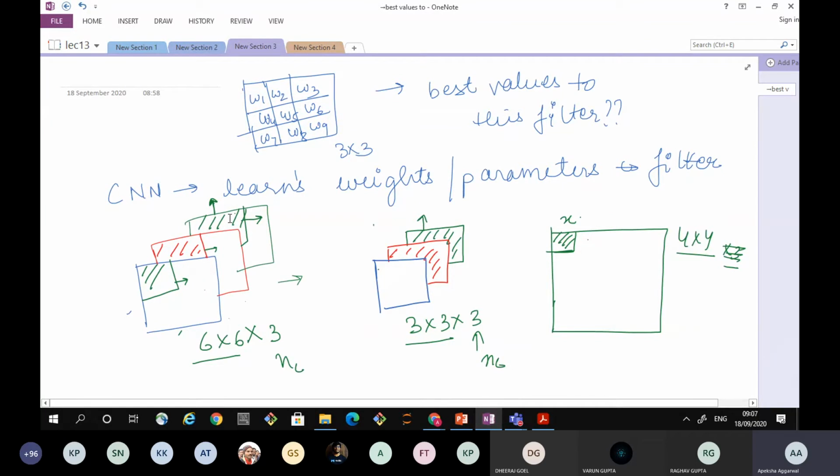And then after convolving, we get only one single value for this green, we get one red value for this, we get only one red value for this blue. So we have one value, and then one value, and then we are adding all these 3 to get this final value. So I hope now it is clear.